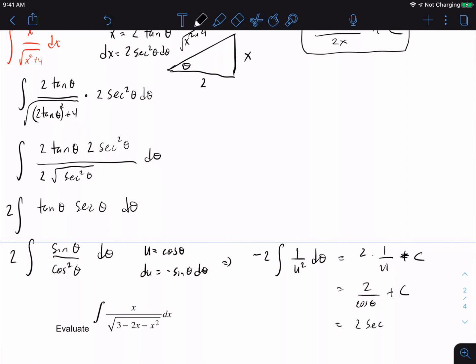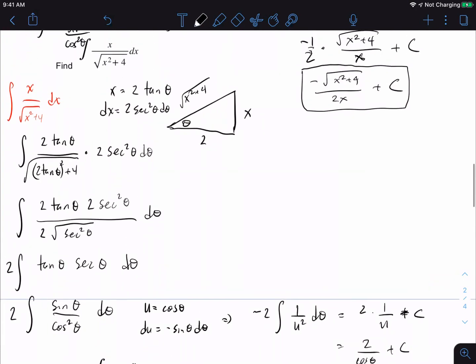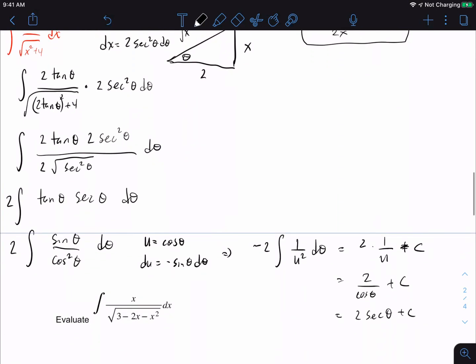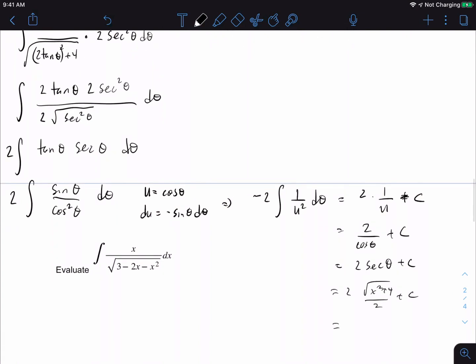2 secant theta plus c, and then we have to go look at the triangle, right? Secant is the reciprocal of cosine, so cosine is adjacent over hypotenuse, which means secant would be hypotenuse over adjacent, right? So what that's going to give me is 2 times hypotenuse, which is the square root of x squared plus 4, over 2 plus c, which ends up giving me the square root of x squared plus 4 plus some constant c.